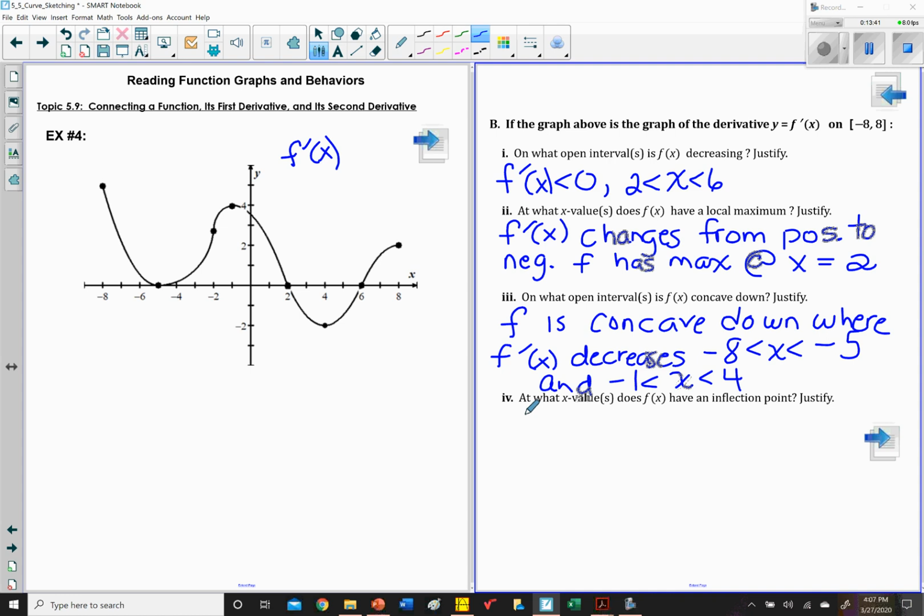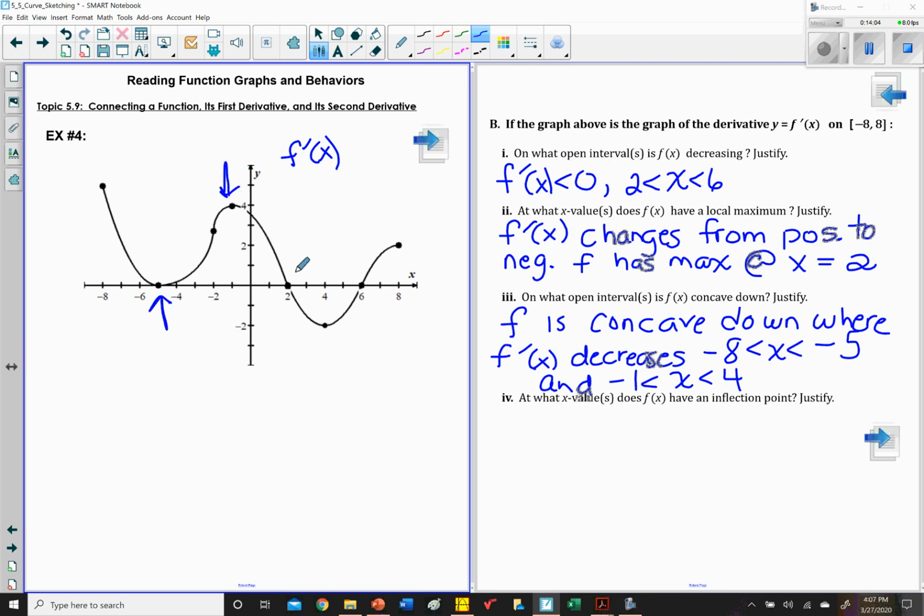Roman numeral 4, at what x values does f of x have an inflection point, and we need to justify that. Well, we learned in the chart that we would have an inflection point where the derivative graph has a max or a min. So at -5, at -1, extrema of the derivative are points of inflection.